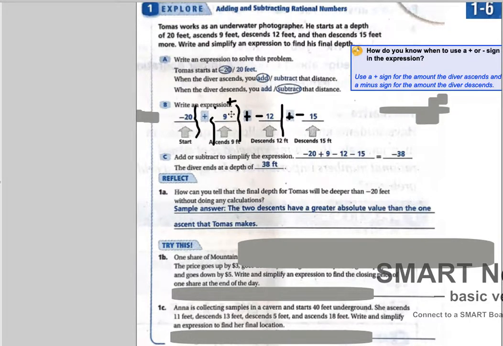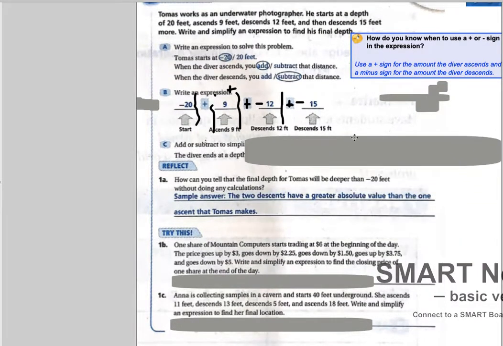And the three negative values, -20, -12 and -15, get us to -47 feet. Then we add a +9, and that gets us to still 38 feet below.